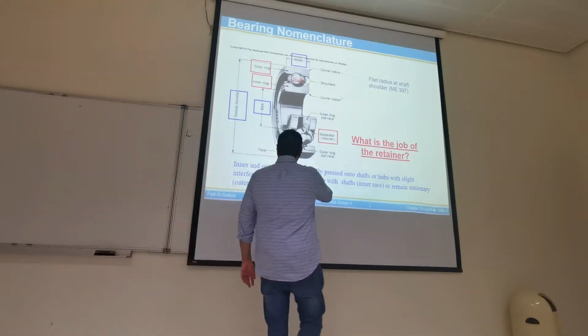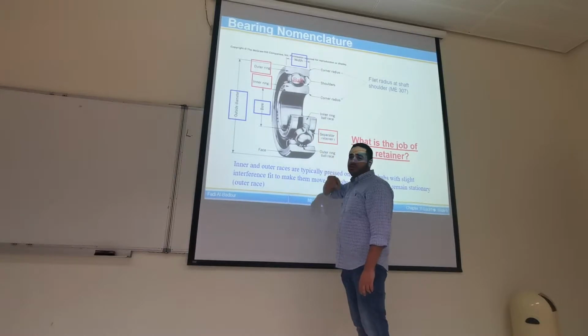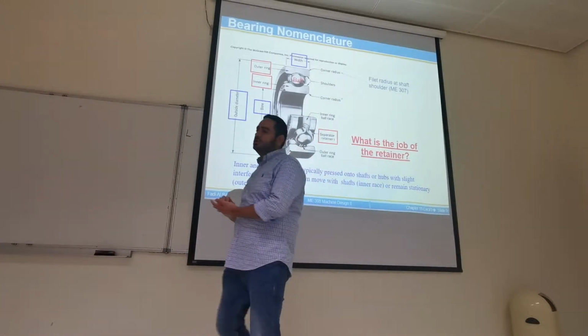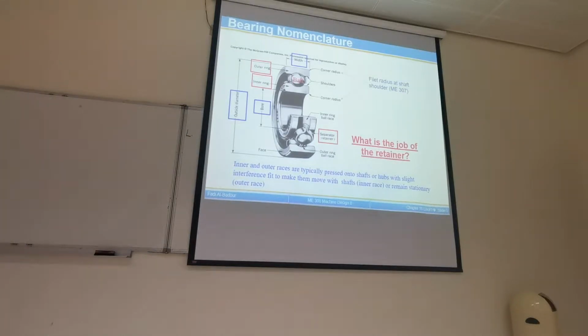There are other geometrical features in the bearings, like the fillet at the corners, and those are important when you design your shaft. If you remember, when you design the shaft, you start with an estimated fillet radius, correct? In order to calculate the stress concentration factor, you start with a certain fillet radius.